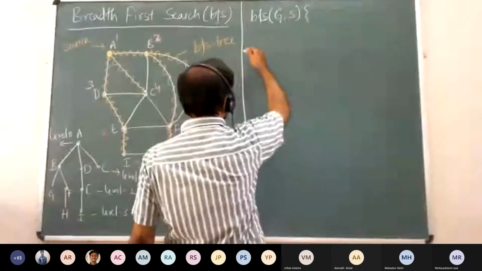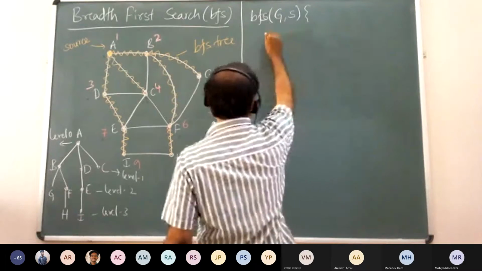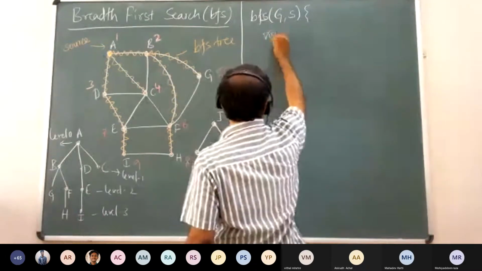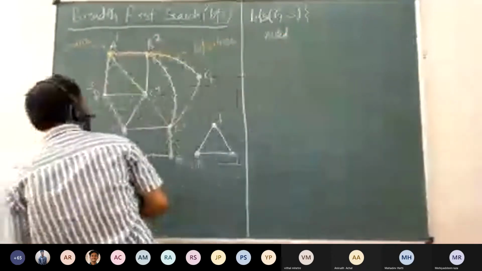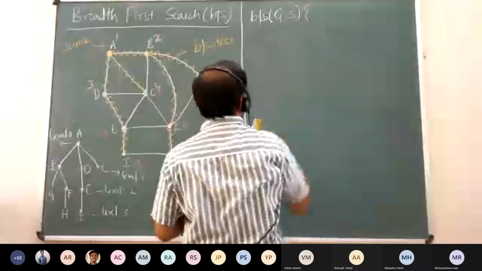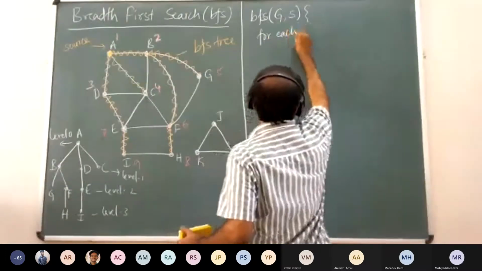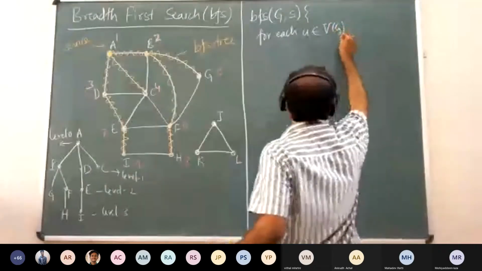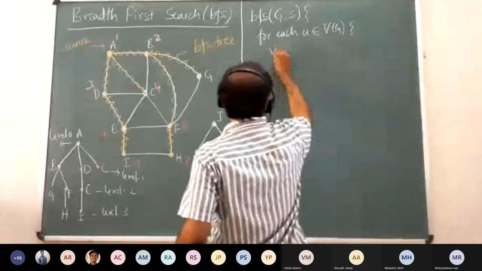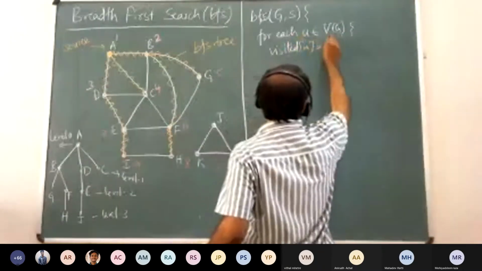Initially we will do the initializations. Basically, for each u belonging to V of G, set the visited flag to be false.